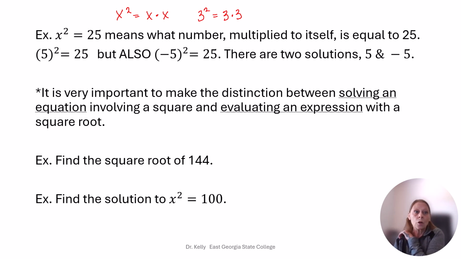Okay, so we know that 5 times 5 is 25, but we also know that negative 5 times negative 5 is 25. So there's actually two answers to this problem here. So it's super important to make the distinction between solving an equation involving square roots, so using square roots to solve an equation, and evaluating an expression with a square root.